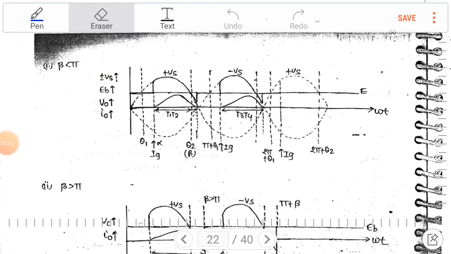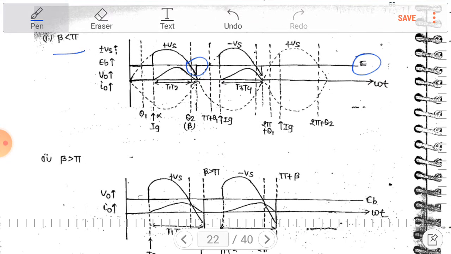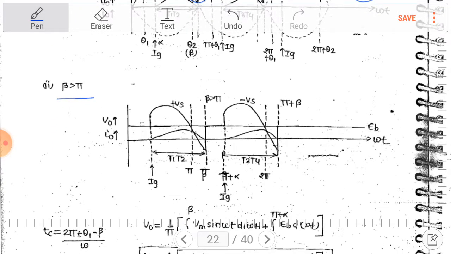In the first case, beta less than pi, there is a possibility of output voltage less than back EMF E when inductance is discharging its energy to the source and resistance. But there are no negative spikes in case 1 when beta is less than pi. But for beta greater than pi, there is a possibility of negative spikes due to discharging of inductance energy.